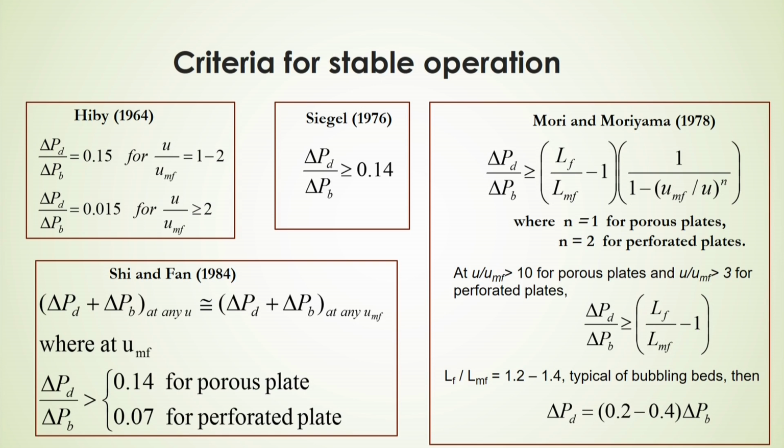Siegel 1976 proposed a criterion that the distributor pressure drop should be greater than 14% of the bed pressure drop.